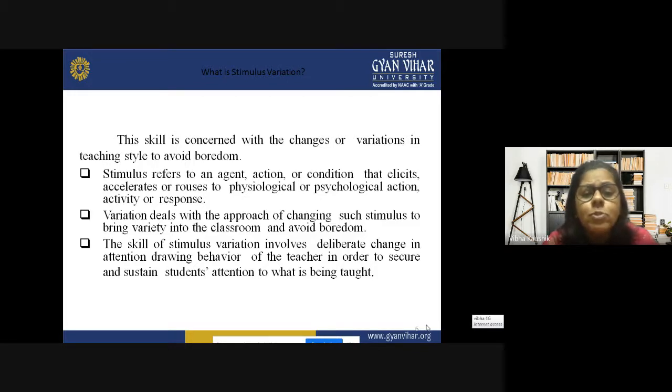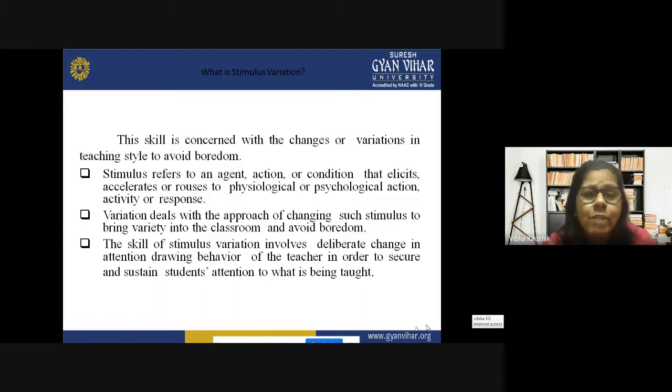The skill of stimulus variation involves a deliberate change in attention drawing behavior. It means how changes have been made in such a way that we are able to draw the attention of the learners.